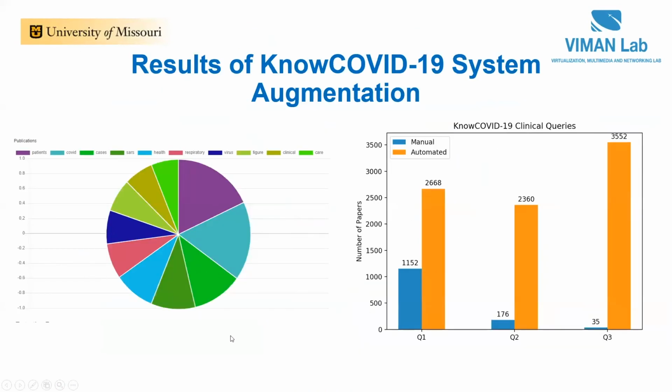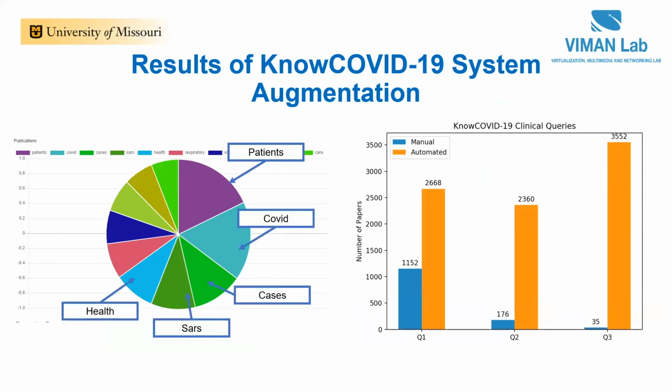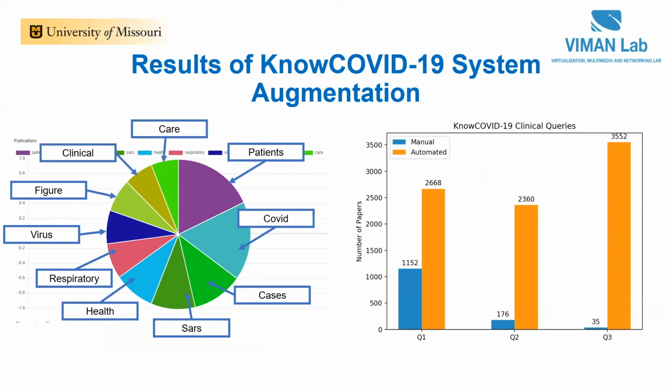As a result, here we can see an example of the distribution of topics found in a particular data set. And also, we have in this chart the comparison between the manual and automated process that is provided by our system.